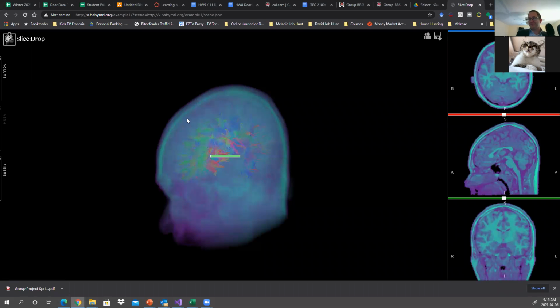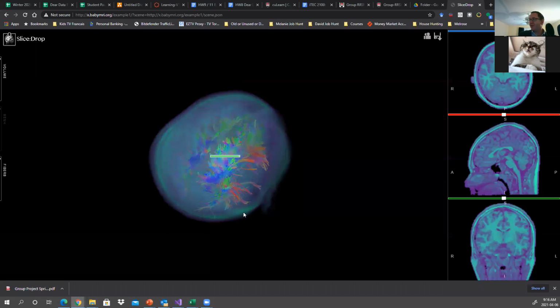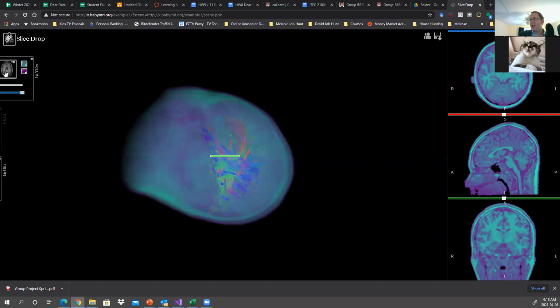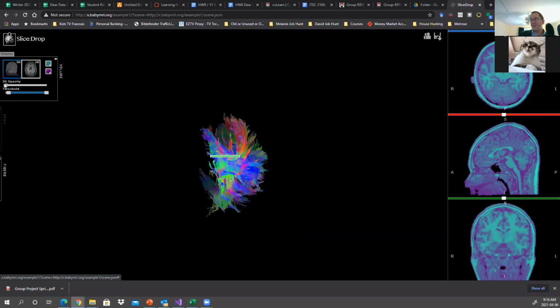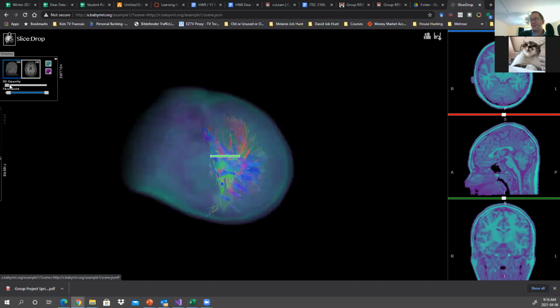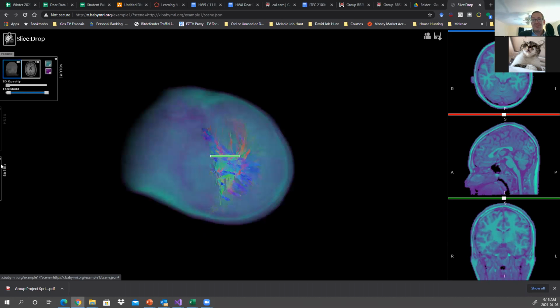This is the one I was playing with. And you can check out if it's 2D or 3D. You can check out different things, various capacities. And play around with it.